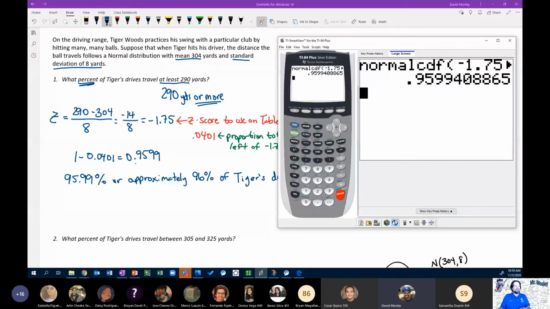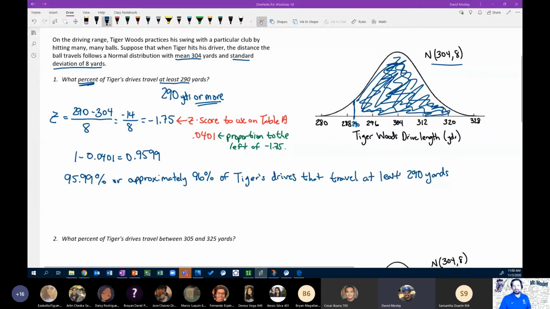Also, there may be cases where it might be multiple choice and you need the area under the curve, right? The proportion under the curve. This is a way to do it. All right. Any questions so far?